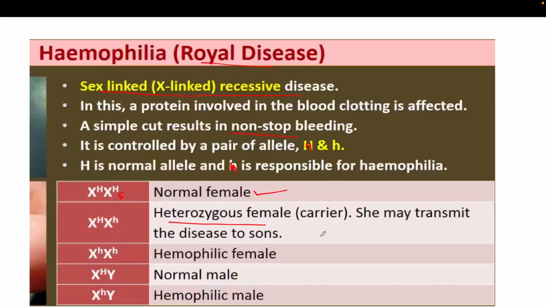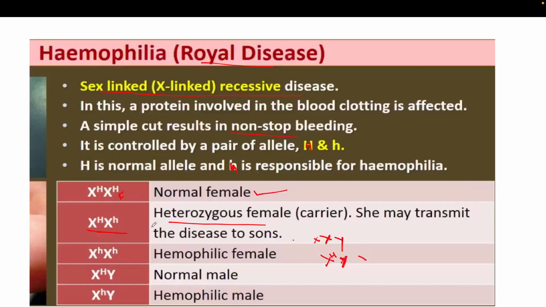Because the son does not have another X, he has only a single X, and here it is the Y. When this type of male is crossed with this type of female, in the offspring we get X capital H and X small h, and the other will be Y; then only it will be male.